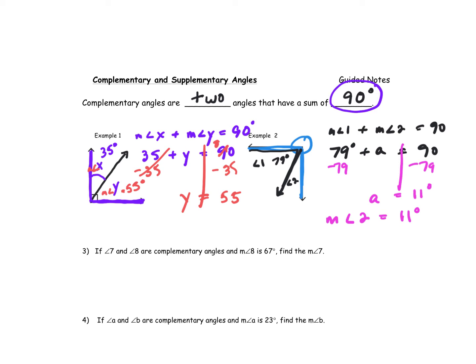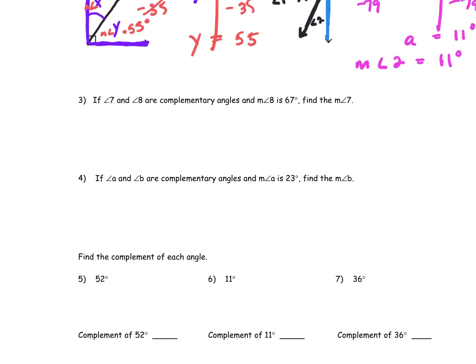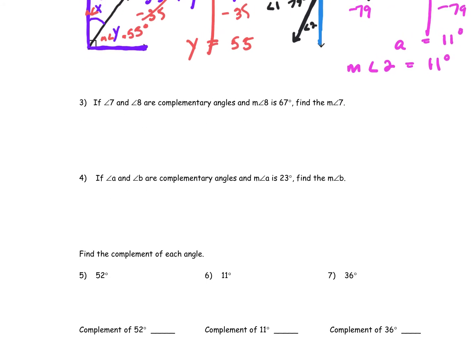Sometimes they're kind enough to give us drawings, but other times they just give it to us in word form where they describe the situation. So when they tell us that angle 7 and angle 8 are complementary, that immediately means we should be thinking together they make 90 degrees. And if they tell us one measurement, then we're able to find the other. So once again, we have the measurement of angle 7 and the measurement of angle 8, and because they said the word complementary, they're going to add up to 90 degrees.